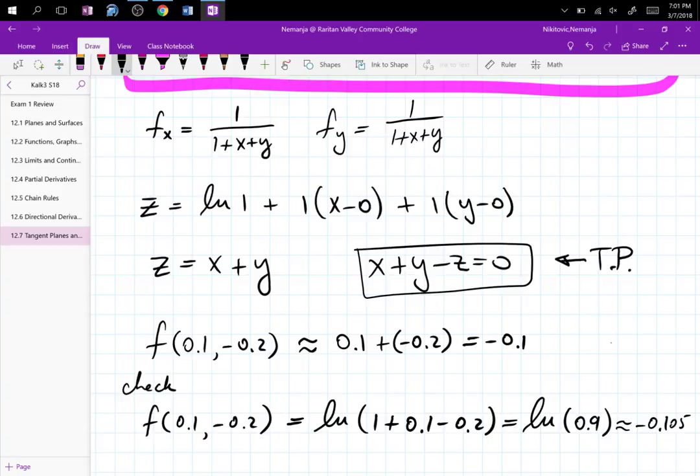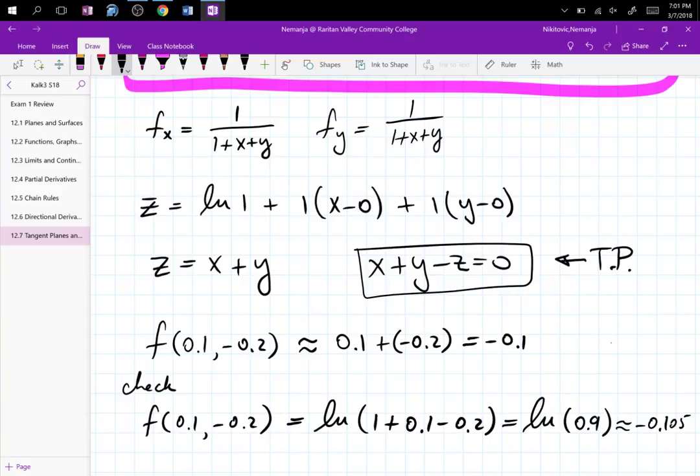So that's the linear approximation part. You look at the closest location that you can easily compute. You compute the tangent plane at that location, and once you have the tangent plane, you compute the point that they actually want in the tangent plane because it's close enough. And that's the part on linear approximation.